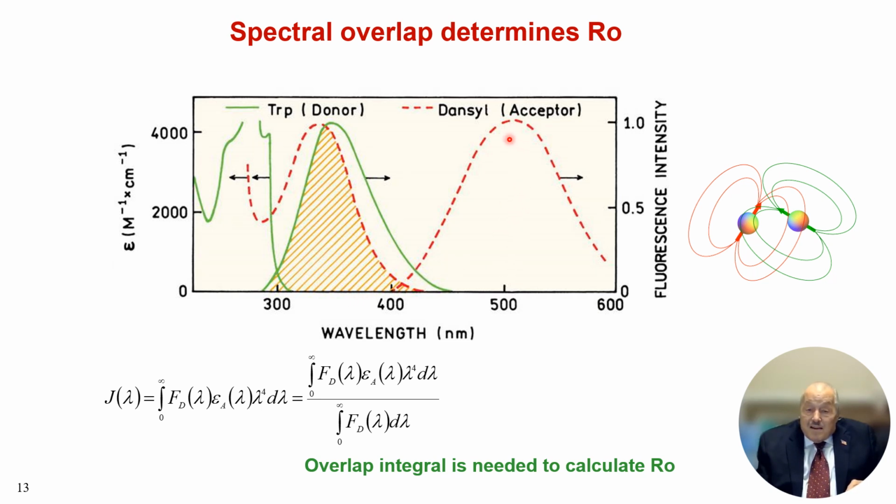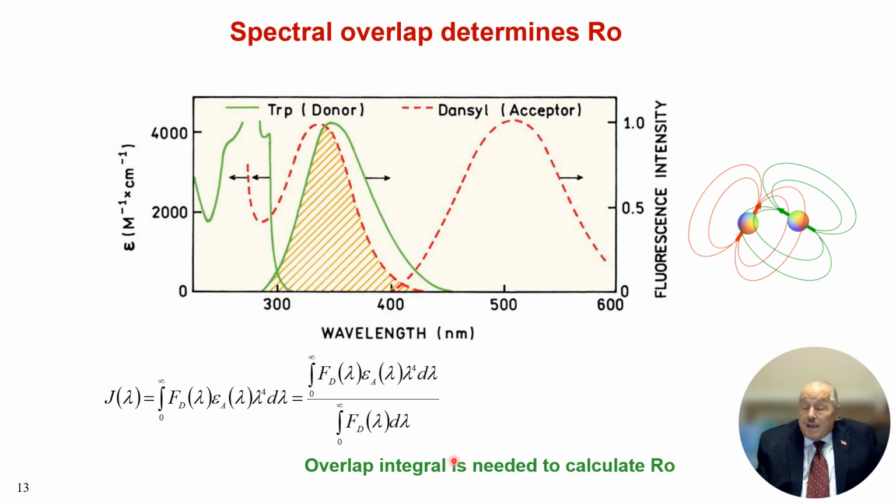And our dansyl absorption is way out at 500. But what's important for the overlap integral is the dansyl absorption, which is this line here. So you can see we have very good overlap between the donor emission and the acceptor absorption.